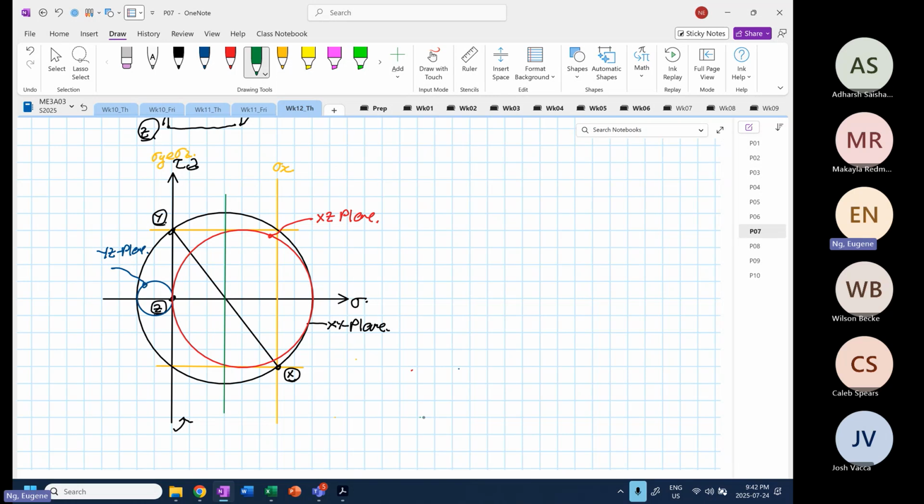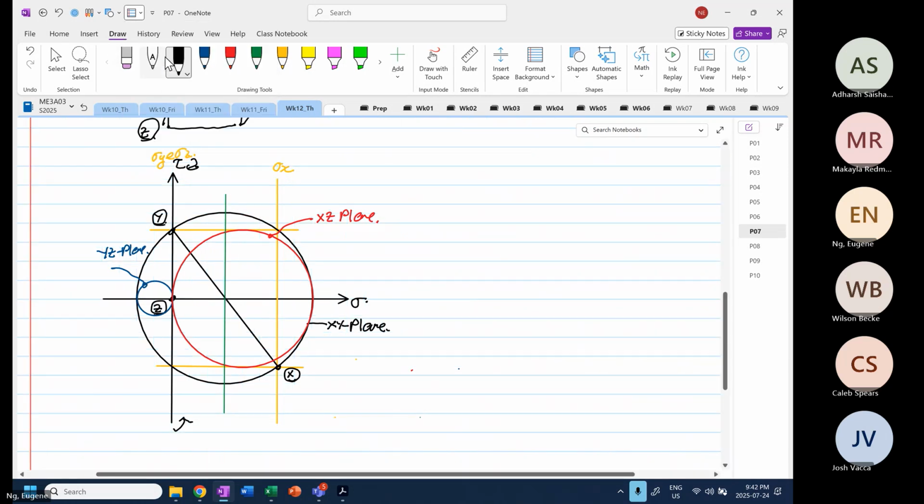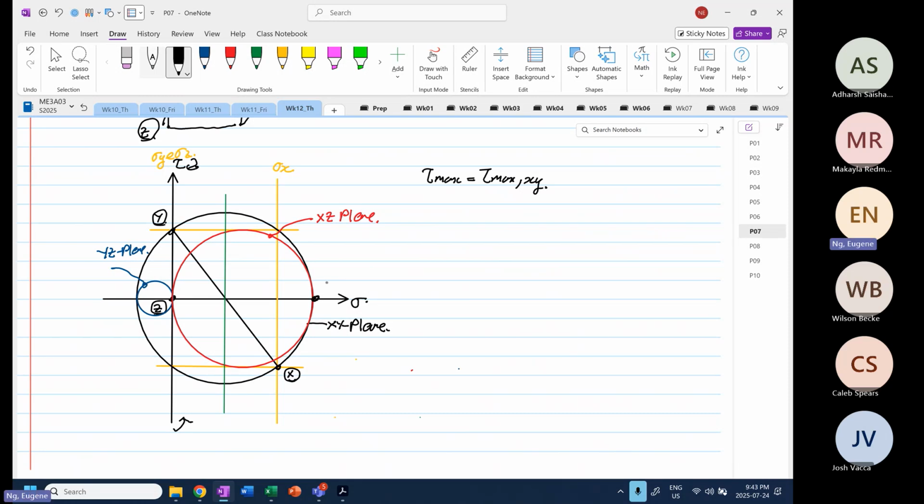You can see from here that tau max is equal to tau max in the XY plane. The next thing you have to calculate now, so this is your stress max.